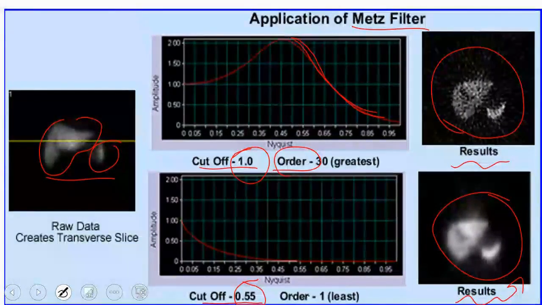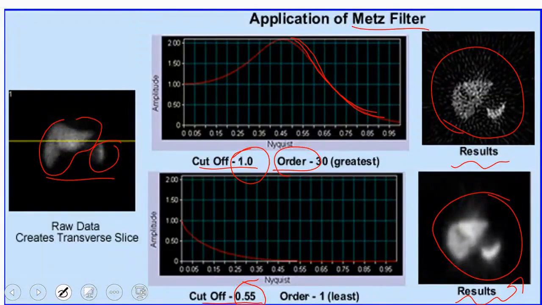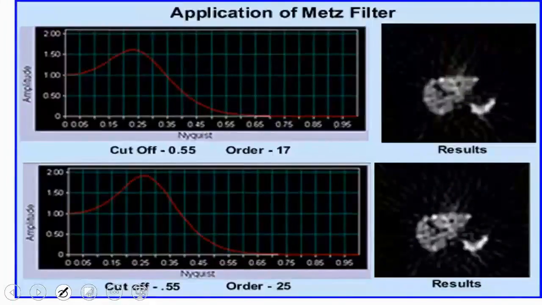In X-ray, you click on a specific setting to work on, while in nuclear imaging, you control these values, changing the cutoff and order, and it gives you a certain shape in front of you. And you can say, yes, apply this shape or don't apply it. I don't want to go too deep into this topic, but I want you to understand the concepts of order and cutoff and their relation to the filters present here.